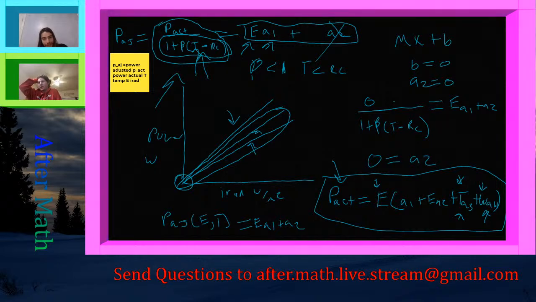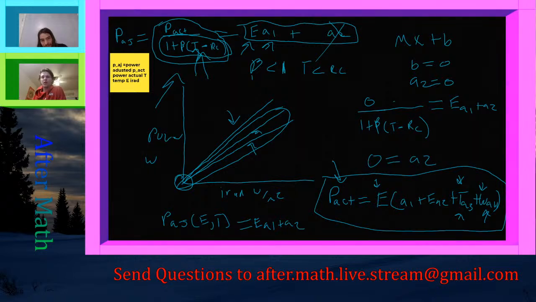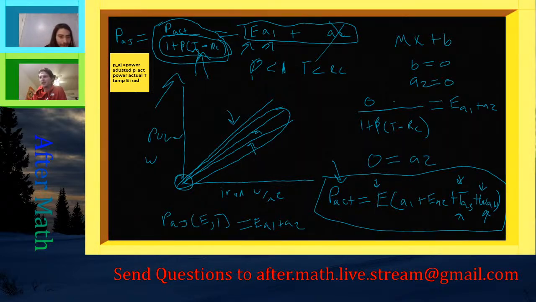I'm still confused, even if the temperature minus RC is a negative number, then you get a negative power. That doesn't work. Exactly, Jaden, that's why I like this one so much more.